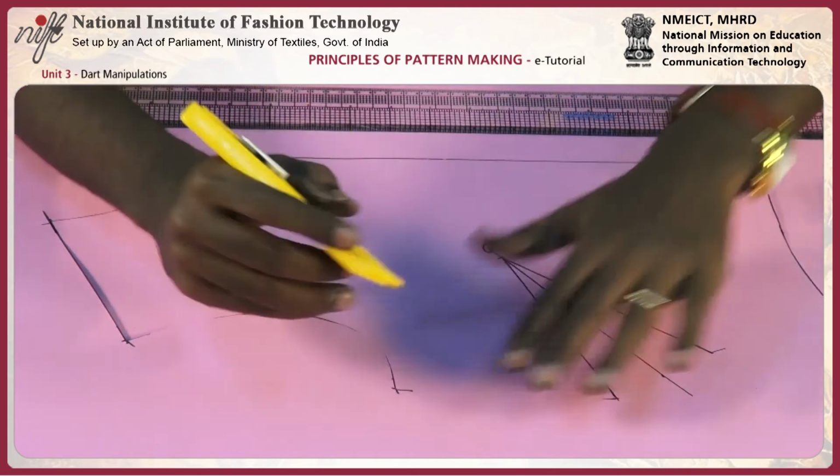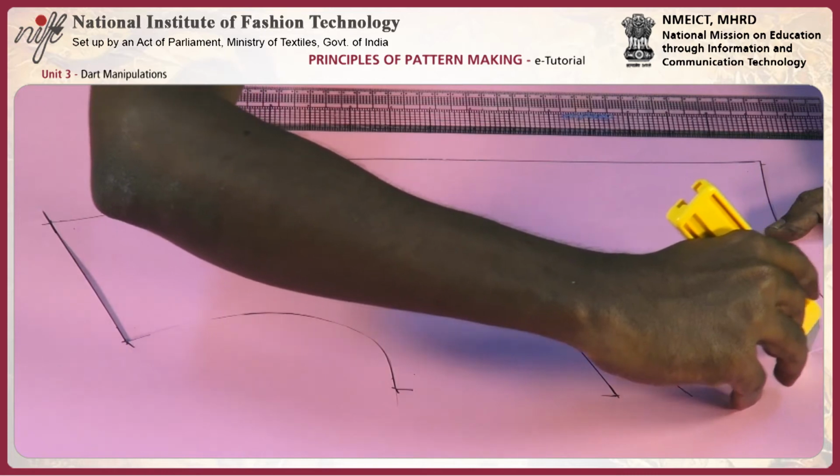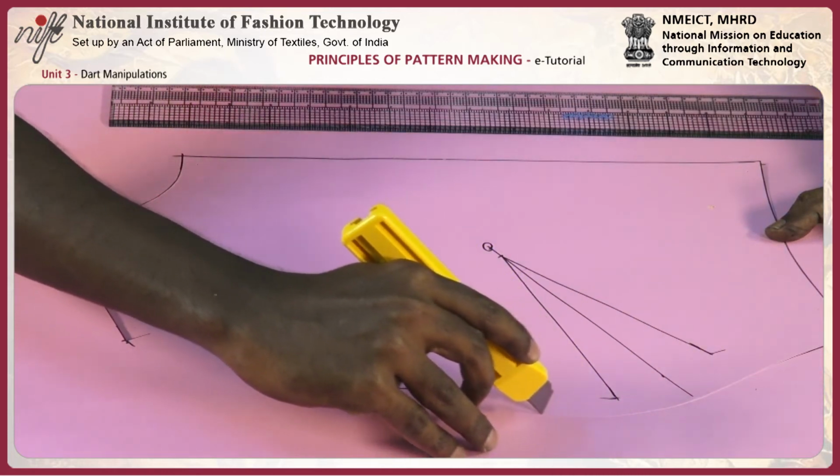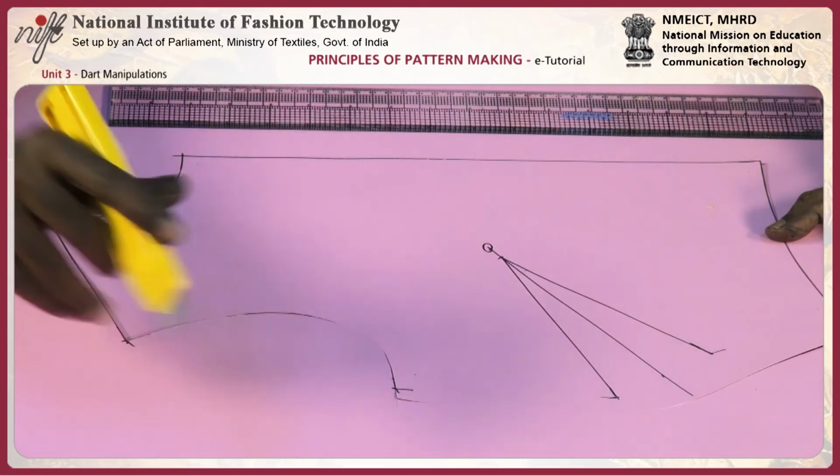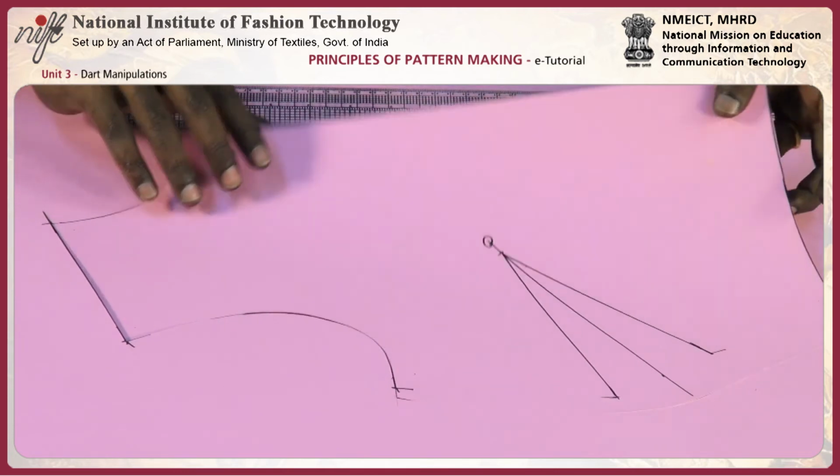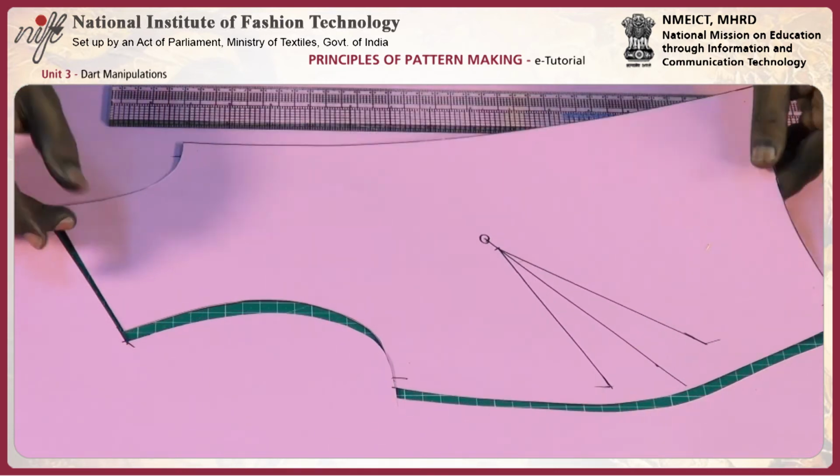Give 1 inch extra for the French dot. Take the pattern out.